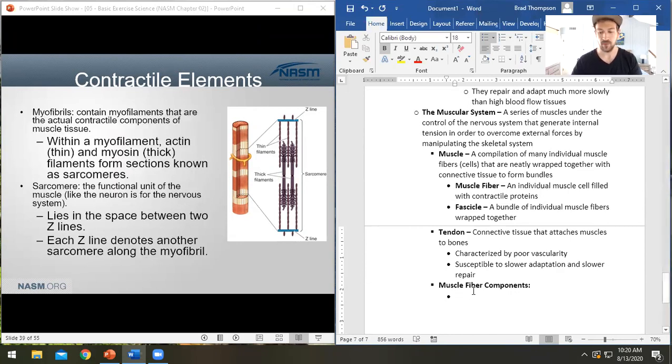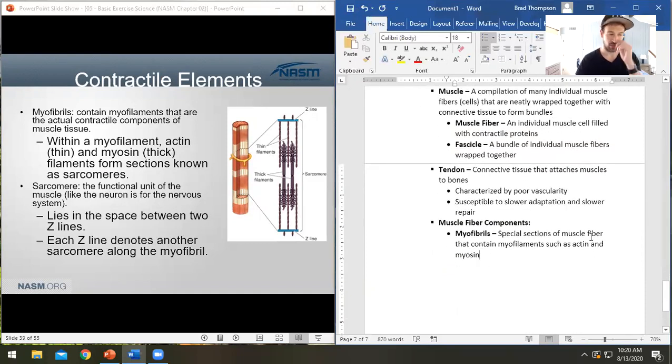components inside of it. So you're going to see what are called myofibrils, which are special sections of a muscle fiber that contain myofilaments such as actin and myosin. Right? So that's what a myofibril is. The area in which they live is called the sarcomere.